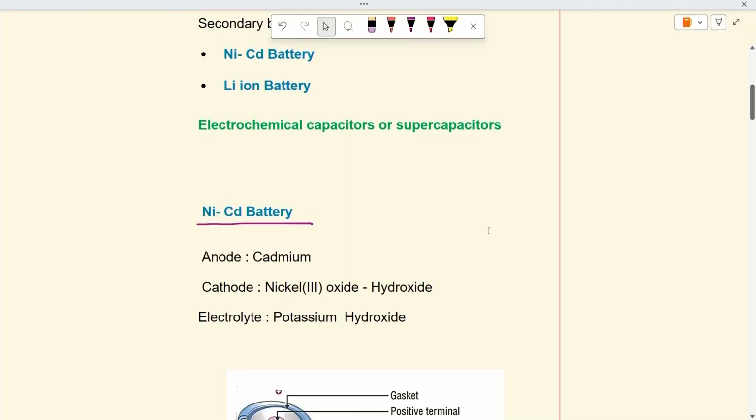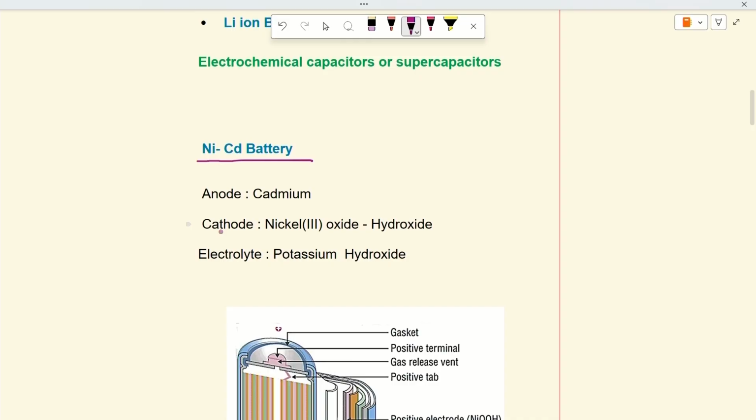It comprises of anode, which is a cadmium metal, and cathode is not pure nickel, it is nickel oxide hydroxide. And the electrolyte is just like in alkaline batteries, it is mostly potassium hydroxide, in some cases it is sodium hydroxide.